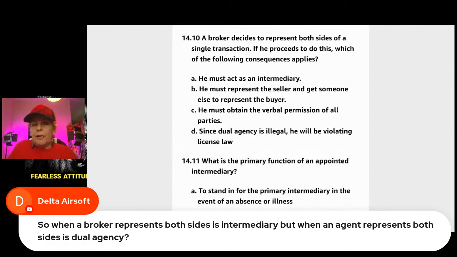So the broker, or a realtor, can be representing both clients instead of having two separate realtors. In that case, the broker or the same agent can represent both sides. And that is a dual agency situation, in a dual agency state, not in Texas.